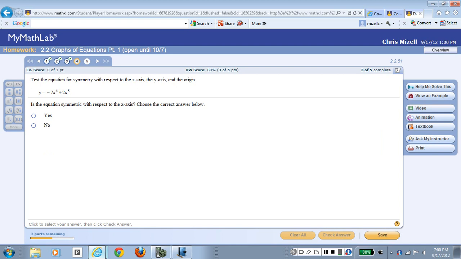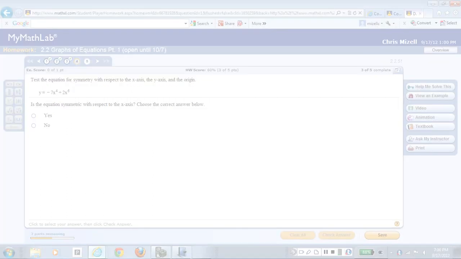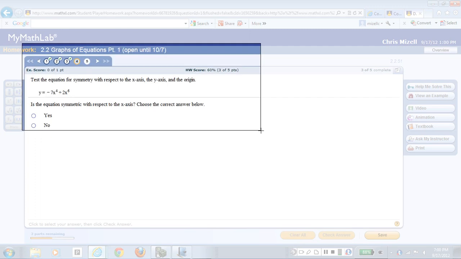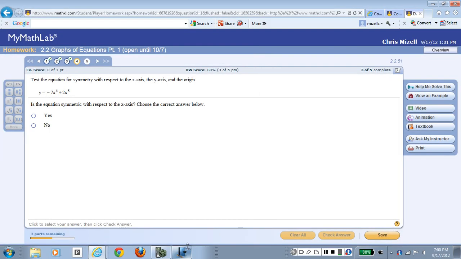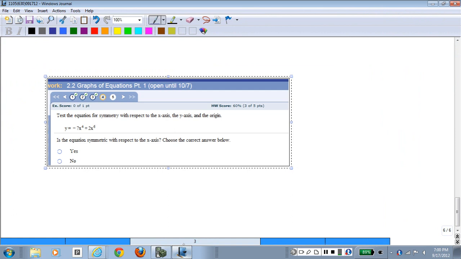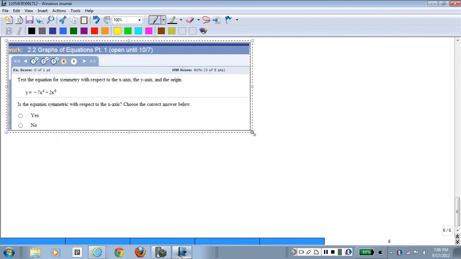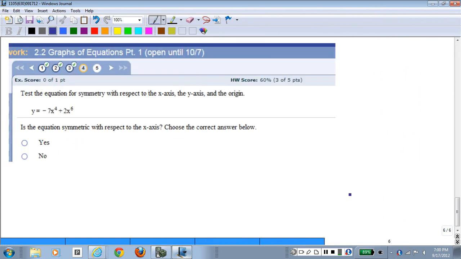Y equals negative 7x to the 4th plus 2x to the 6th. What's your best guess as to which of the three types of symmetry this may have? The y-axis symmetry?